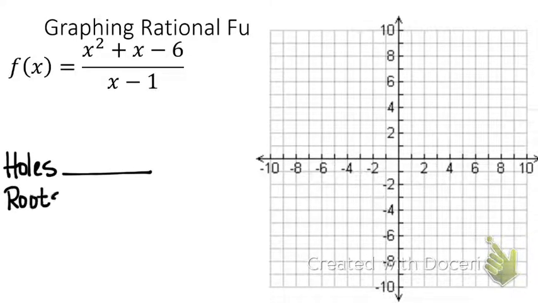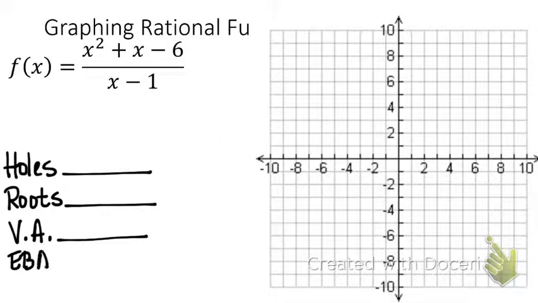Remember that it could say root or x-intercept, but a root and an x-intercept is the same thing. VA stands for vertical asymptote. The EBA, you have to tell me if it's a horizontal or if it's a slant. And then the last thing is your y-intercept.